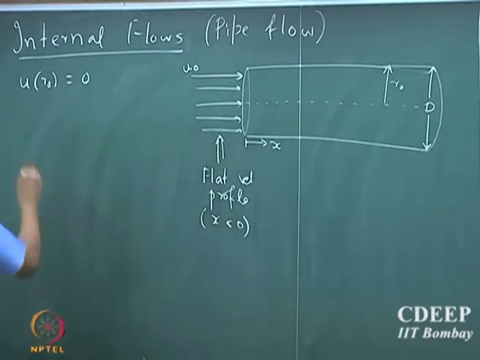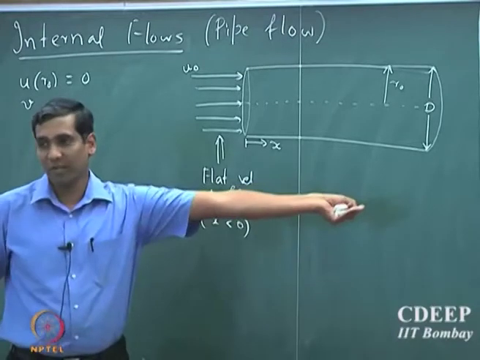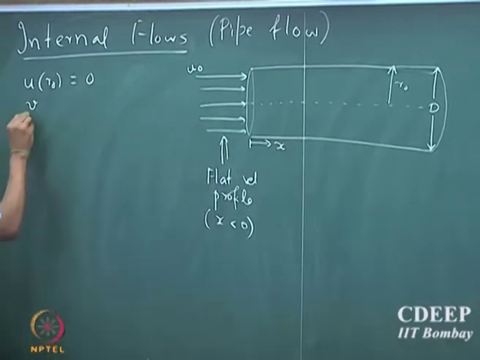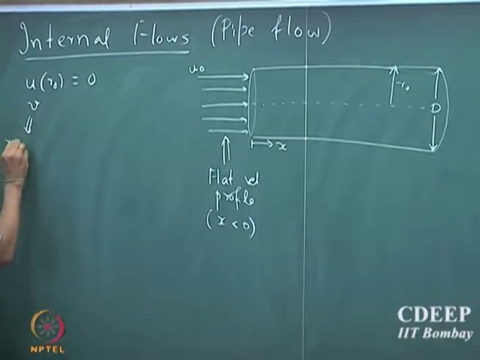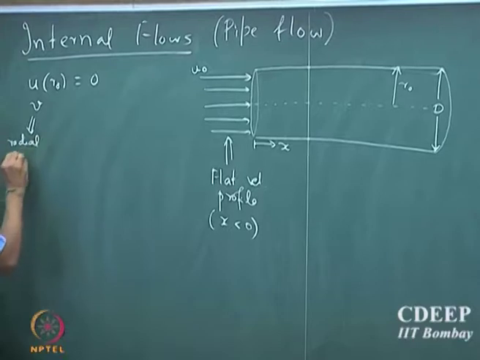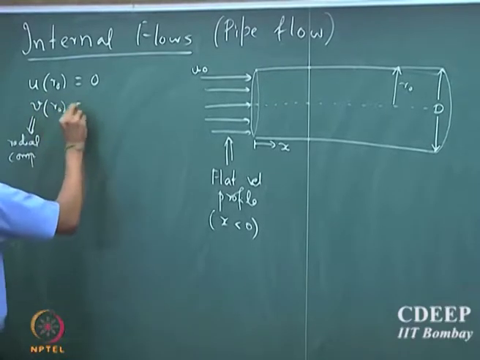Now suppose I say v is the radial component velocity, so u is the x component velocity and v is the radial velocity component. Of course v at r0 is also 0.